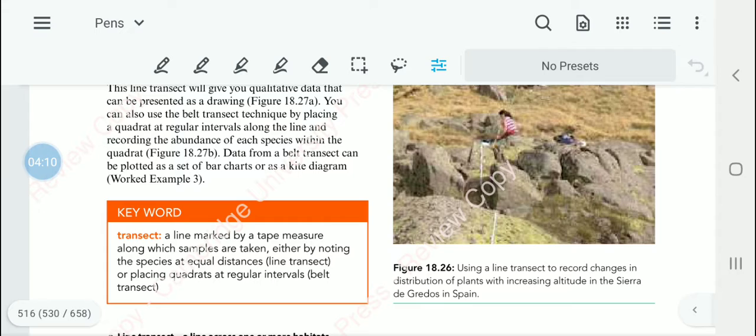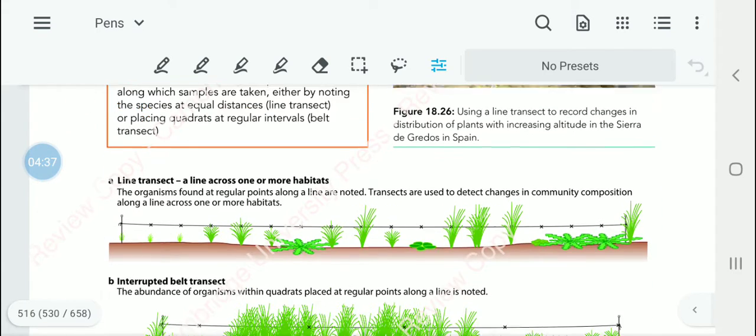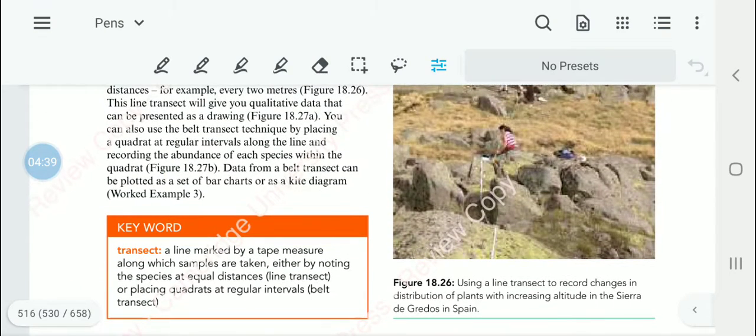We can also place quadrats at regular intervals along this line and record the different abundances of each species within each quadrat, and then we can plot those data in a bar chart or a kite diagram that will be coming in worked example 3.